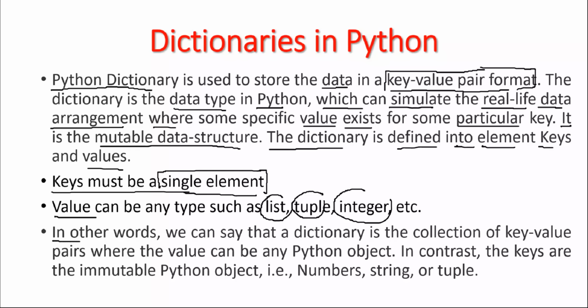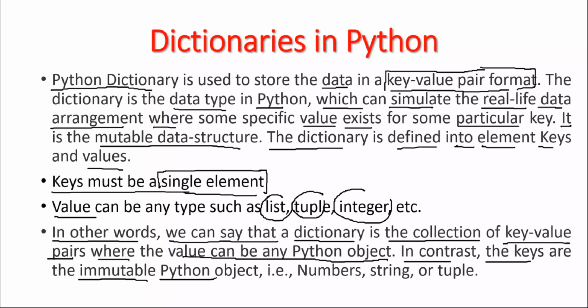Suppose we see another definition of dictionary. In other words, we can say that a dictionary is a collection of key value pairs where the values can be any Python object. In contrast, the keys are immutable Python objects, that is numbers, strings, and tuples.